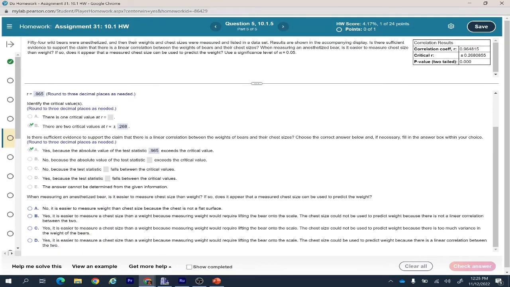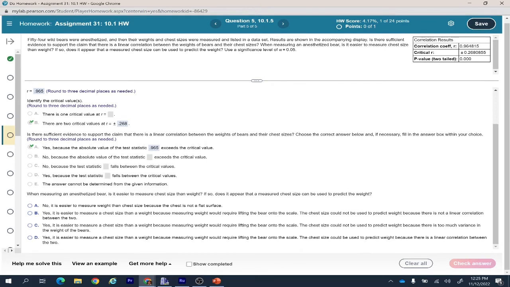So now, when measuring an anesthetized bear, is it easier to measure the chest size than weight? Of course, that is right, because to measure the weight you have to use weighing tools, and the answer is yes. It is easier to measure a chest size than a weight, because measuring weight would require lifting the bear onto the scale. Can the chest size be used to predict the weight? Okay, here is the thing.